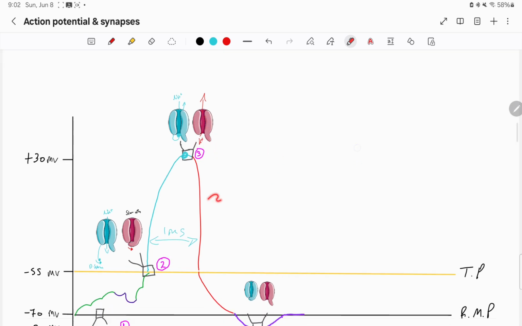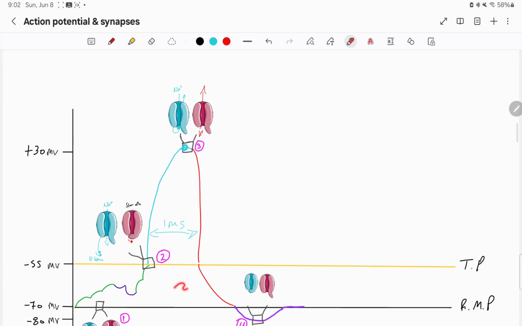Usually at the resting membrane potential, potassium is coming in against its electrical gradient, but with its concentration gradient. In this scenario, though, because the membrane potential has fully reversed from negative to positive, potassium is being pushed out at this peak point due to a high electrical gradient and a high chemical gradient. So it's moving with its electrochemical gradient here.